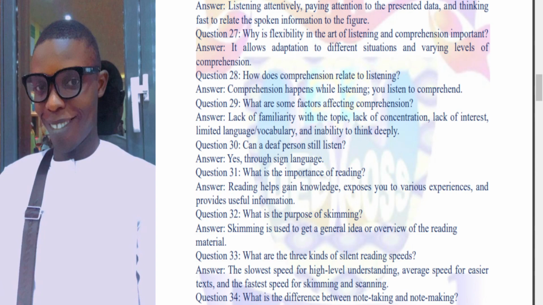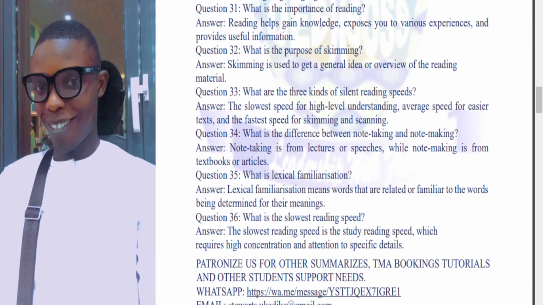So when you skim, you read, but you are reading to get a general overview of what the text is saying. You want to have a whole picture of the particular text. That is when you read using the skimming method.